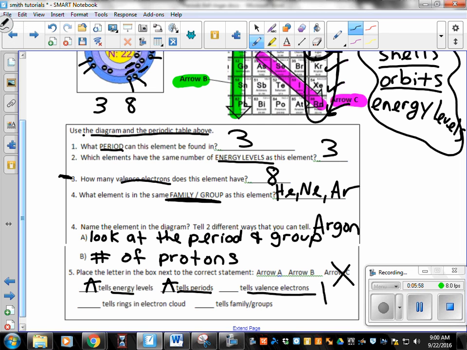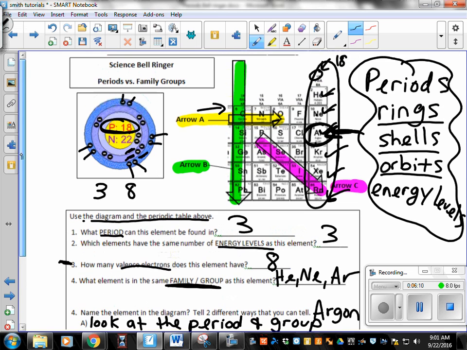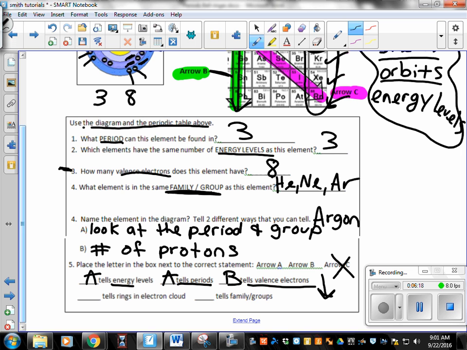Tells valence electrons. Valence electrons are a family group. They go up and down the periodic table. We are a family. We move down the columns, you see. So down the columns, family, valence electrons gives me arrow B. Tells rings in the electron cloud.